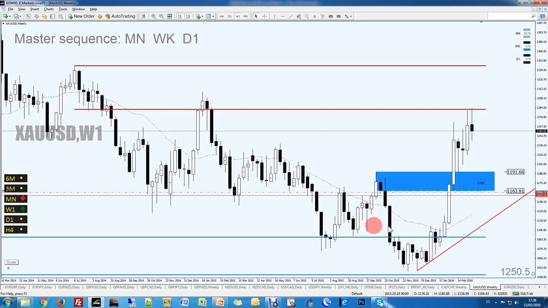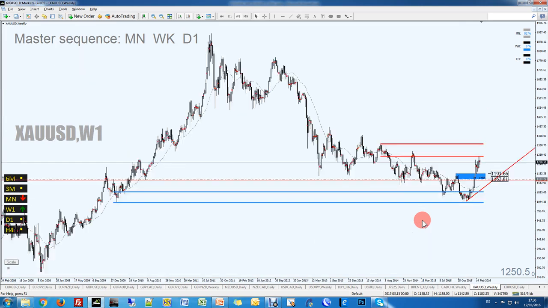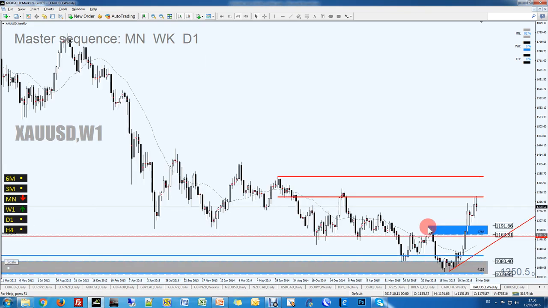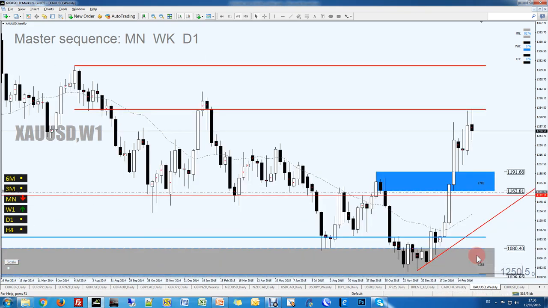So we switch to the weekly, and by the time we get here, we've got this area of demand in control, a little bit lower, smaller. It was tested here, and now we've got a second retest, big reaction expected, a monthly area of demand in control. So a weekly area in control, a monthly area in control, and a lot of room from here to here.